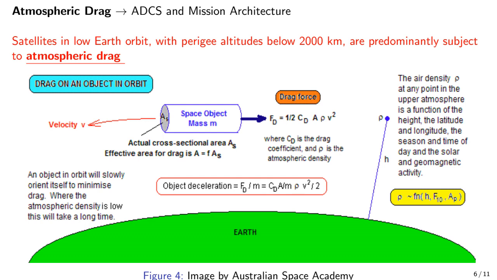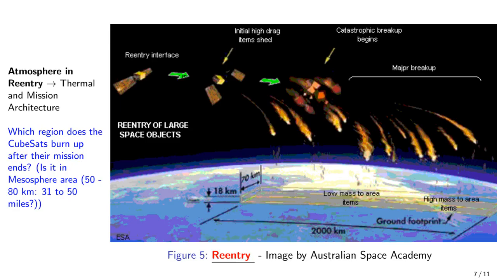Okay. When you click on that atmospheric drag, the underlined one, it takes you to the link. And same thing again with your atmosphere in re-entry. You also have an effect on thermal emission architecture.